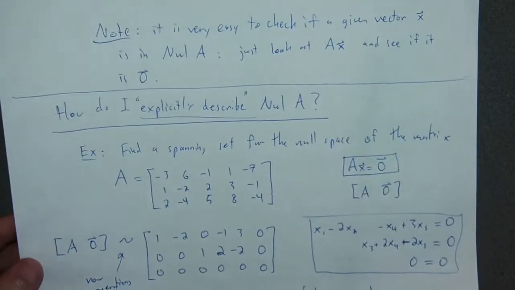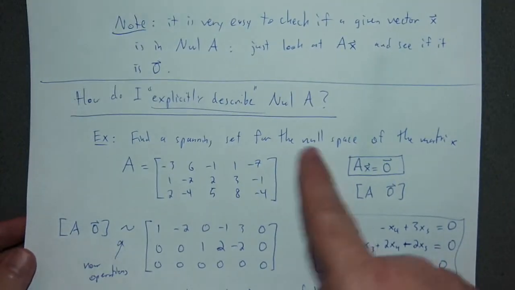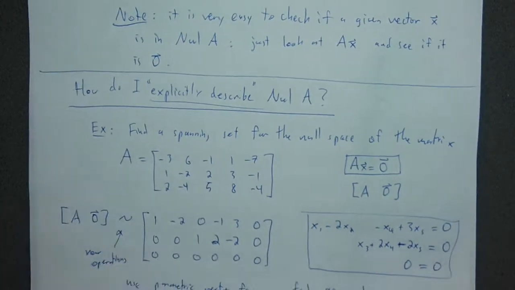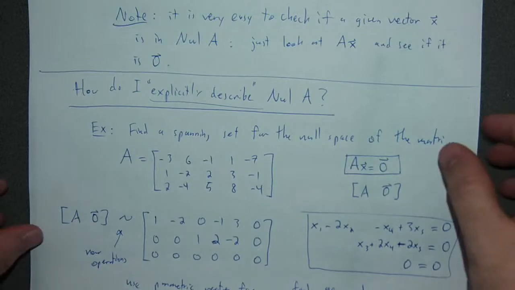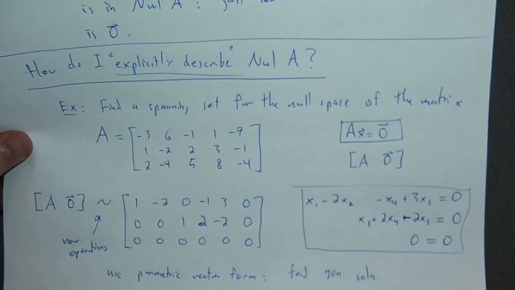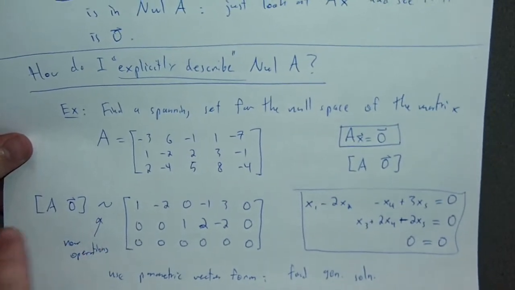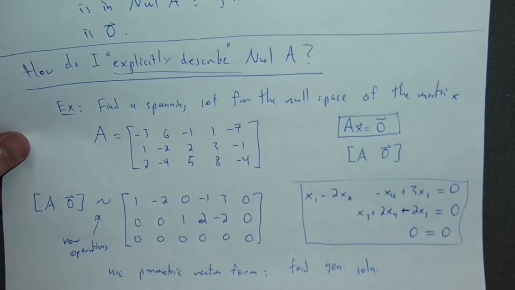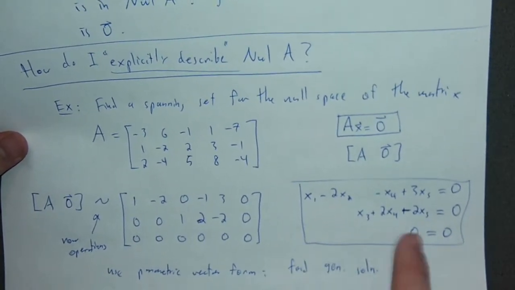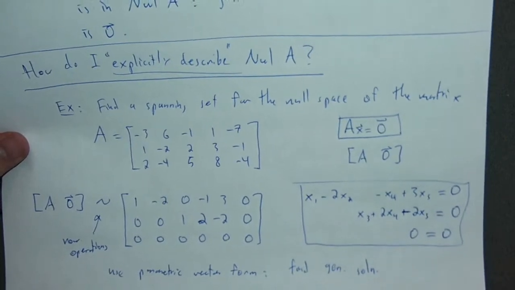But describing the null space of A, and when I say explicitly describe, ideally I mean describe a spanning set for the null space. What did that mean? What we had to do was set up the equation Ax equals 0, set up the augmented matrix A with last column 0, and do as many row operations as we need to get it into a form where I can solve this in parametric vector form.